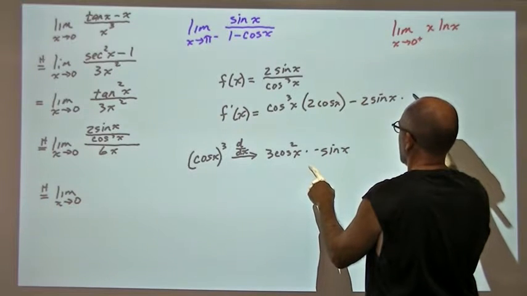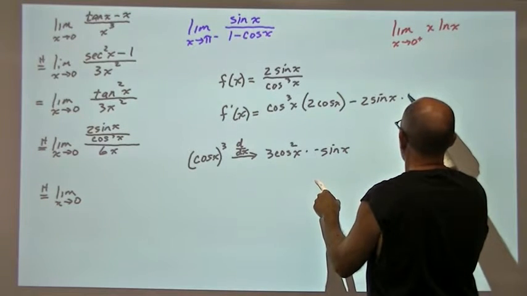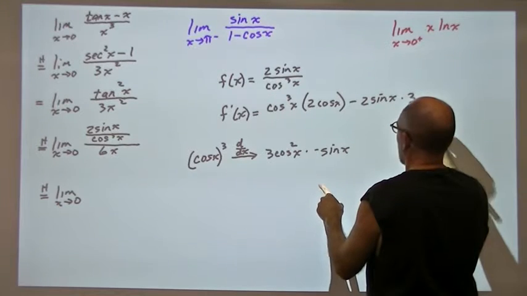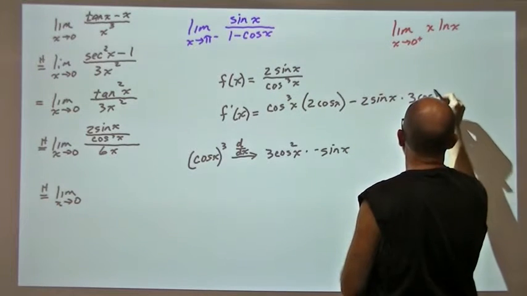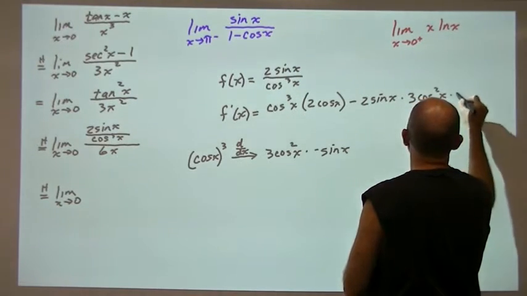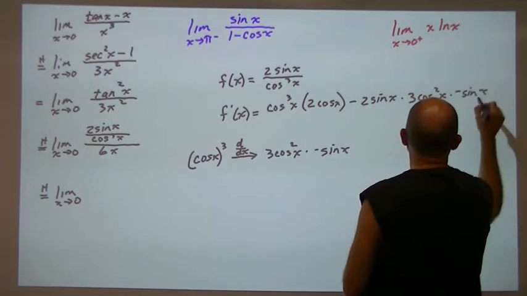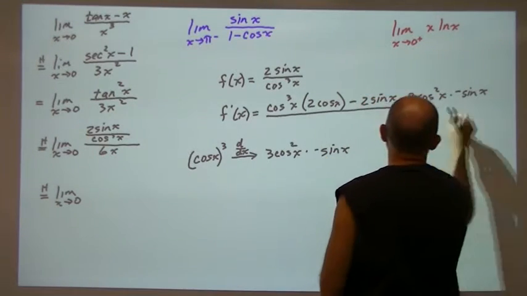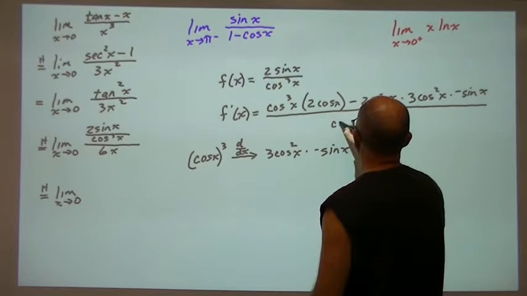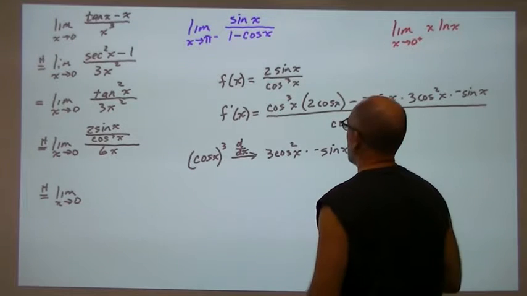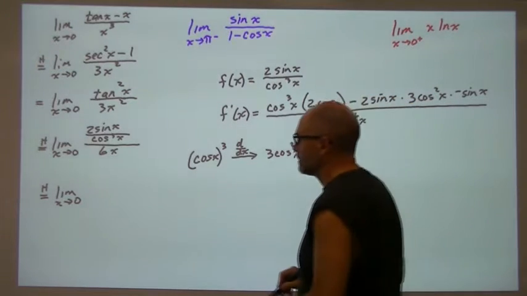So this is going to be 3 cosine squared x times negative sine x, square the bottom, and away we go. All right.